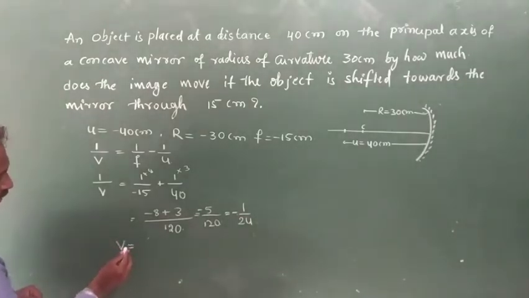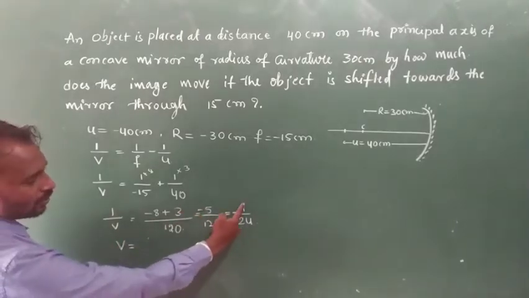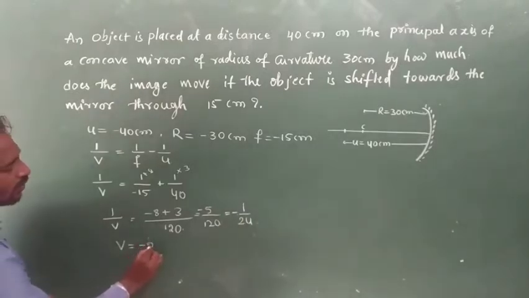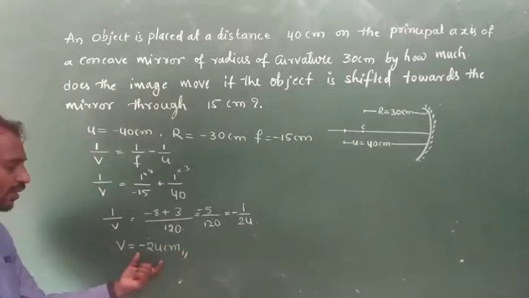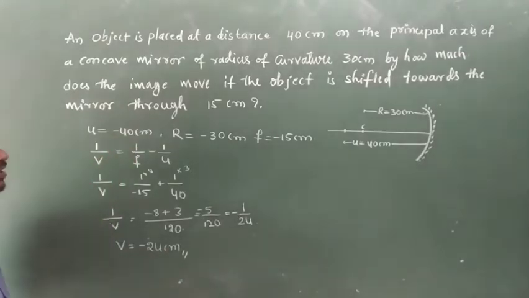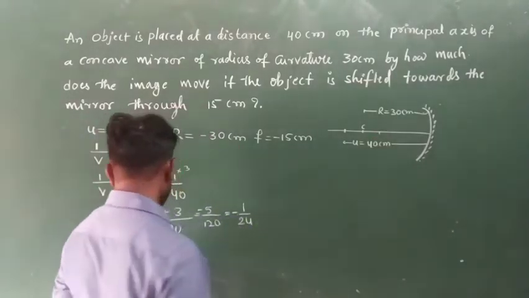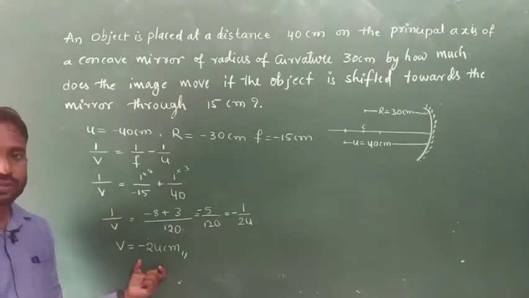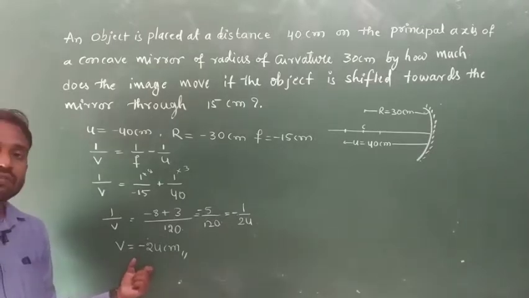So v is equal to minus 24 centimeter. It means the image distance is minus 24 centimeter and the object distance is minus 40 centimeter. Somewhere in between we will get the image, at a distance of minus 24 centimeter. This is a real and inverted image.